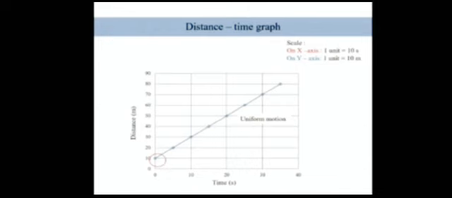One possible reason could be that whoever started noting down the information about the motion of the vehicle did not see the vehicle from the initial position. Let's say I am standing here and some vehicle is coming from a far distance.